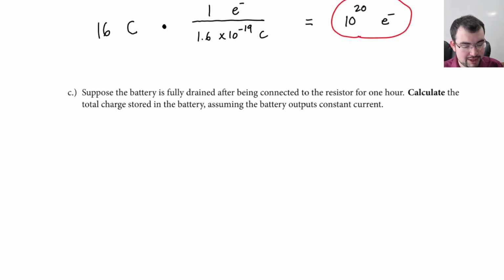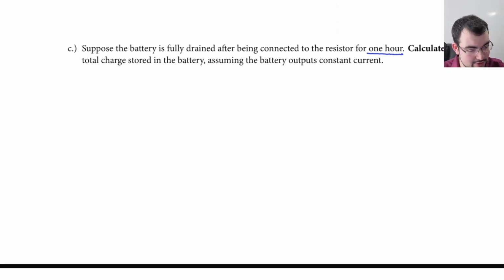So now let's suppose the battery is fully drained after being connected to the resistor for 1 hour. Calculate the total charge stored in the battery. So we're going to say from full charge to zero charge takes 1 hour. So of course we have to deal with this. And this might not be something you know off the top of your head, so we'll of course show it. So we're given the special time here is 1 hour.